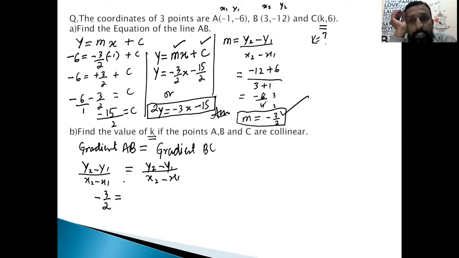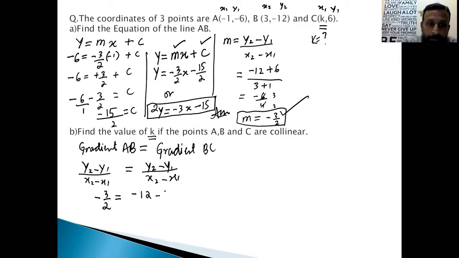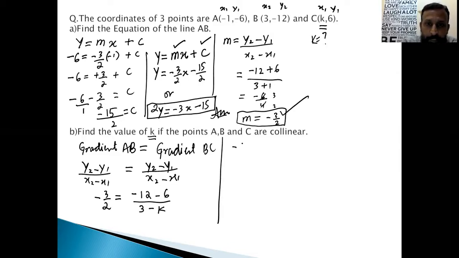Now the gradient BC. If this is x2, y2, let's suppose this is x1, y1. So let's plug in the values: negative 12, negative 6, y2 minus y1 upon 3 minus k. So now we have negative 3 upon 2 equals negative 12 minus negative 6, which makes negative 18, upon 3 minus k.